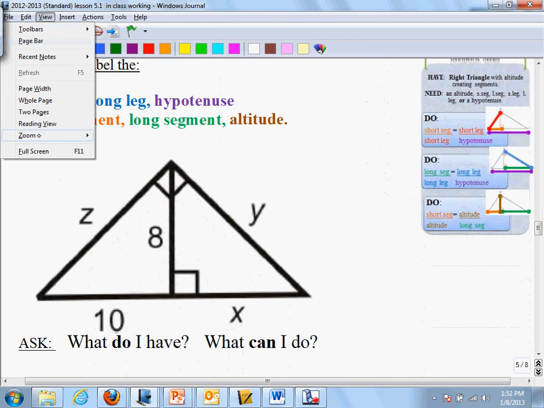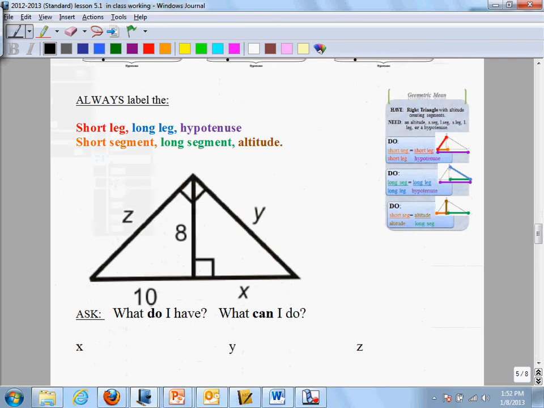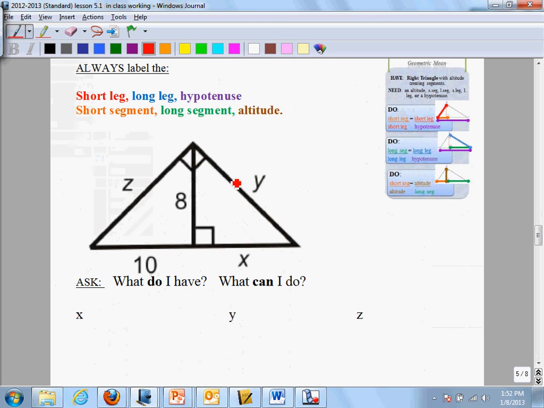Okay, step one, we're going to label these. This is going to be the short leg. This is the long leg. I should have used one that physically looks a little longer, so right now I'm just kind of randomly choosing. This will be the short seg.